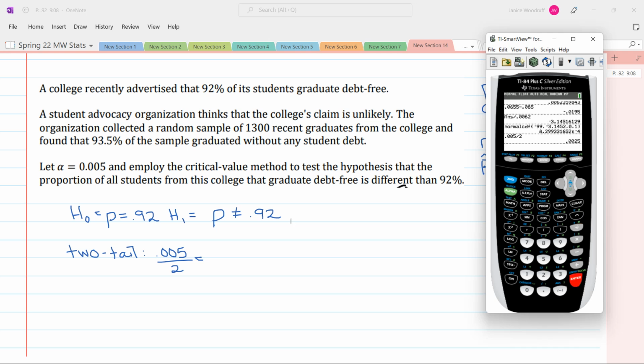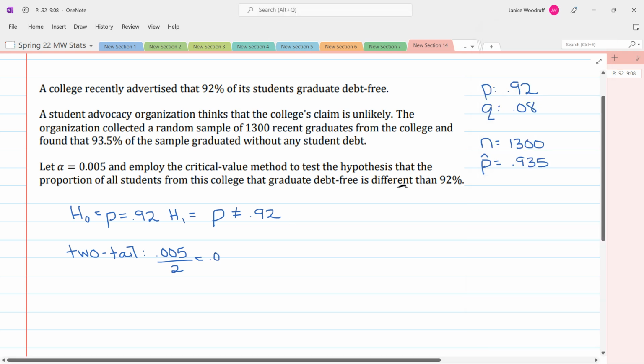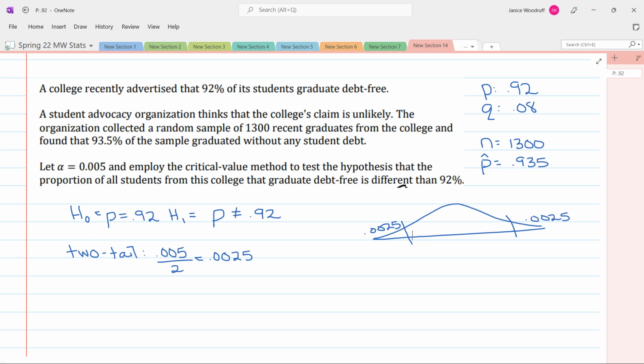Yeah, 0.0025. And 0.0025 on either side here. And are we using Z or T? Z. Good.